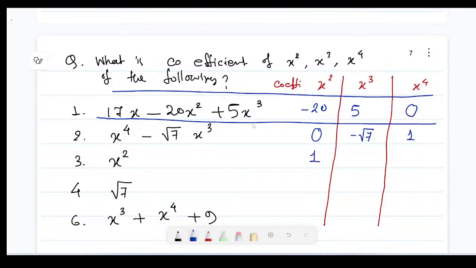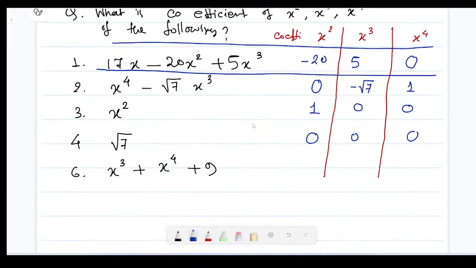Coefficient of x to the power 2 is 1 and the rest of the coefficients are all 0. Here this is a constant polynomial, so the coefficients of x to the power 2, x to the power 3 and x to the power 4 are all 0, because there is no term of x to the power 2, 3, or 4 in this expression.